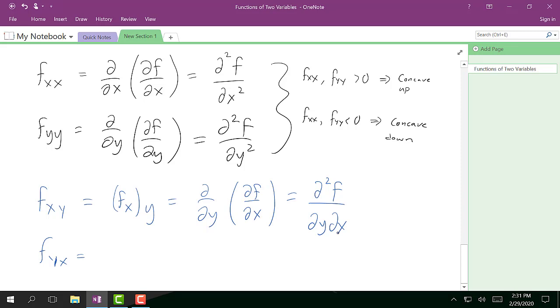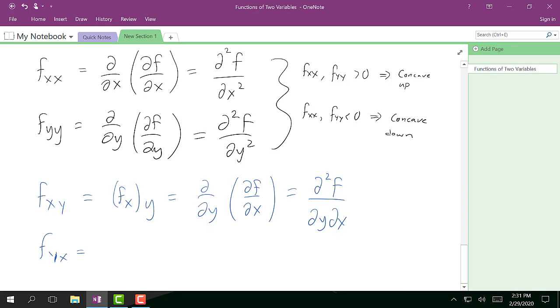And so what you'll notice is that we have some contradictory notation. If you look on the left, we have f x y. So the order in which we take the derivatives goes from left to right. So first, we take a derivative with respect to x, and then a derivative with respect to y. But what we have here is the opposite. So here, the first one we do is on the right.